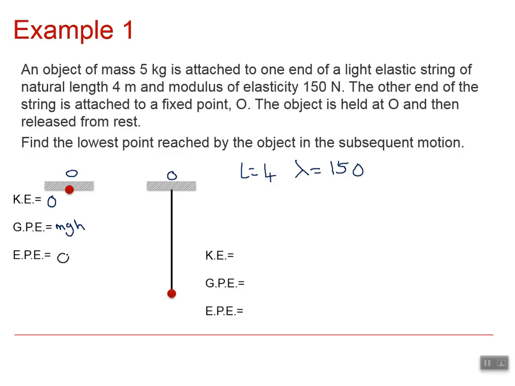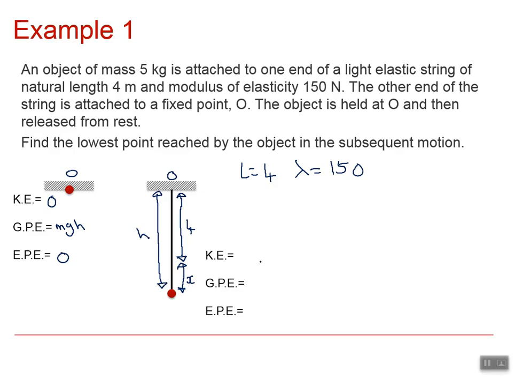And our elastic potential energy is 0. Now if we think about our string here, we have our natural length of the string, which is 4, and then we have the extension in the string, which is x, and h is 4 plus x.